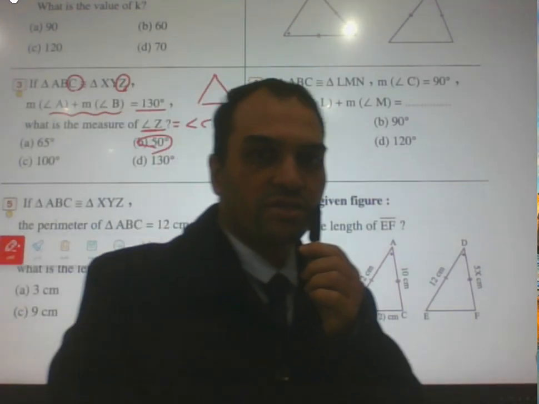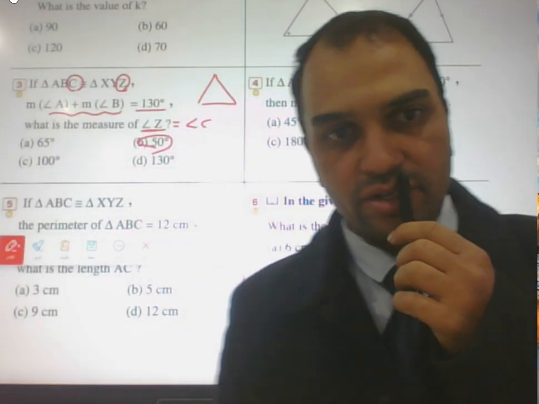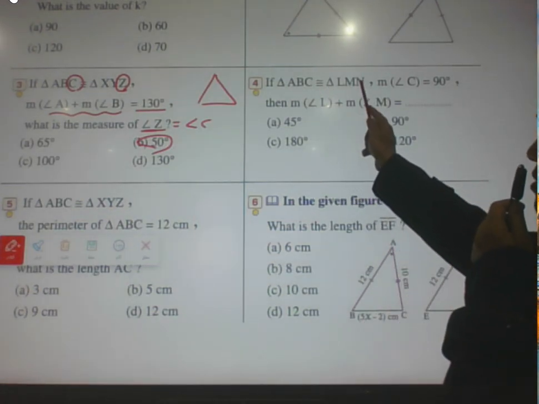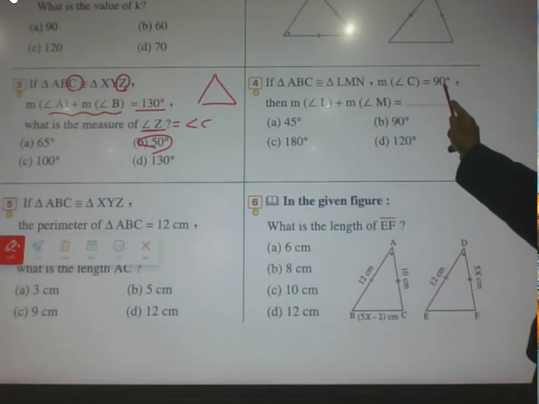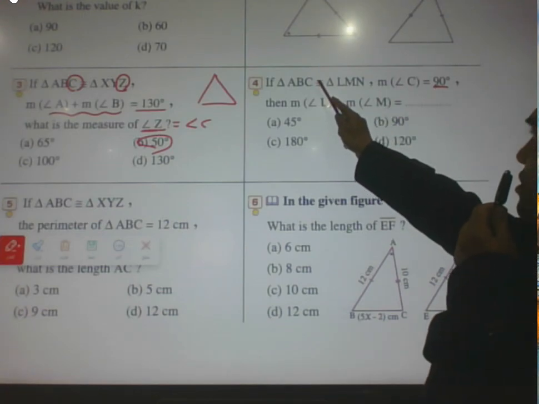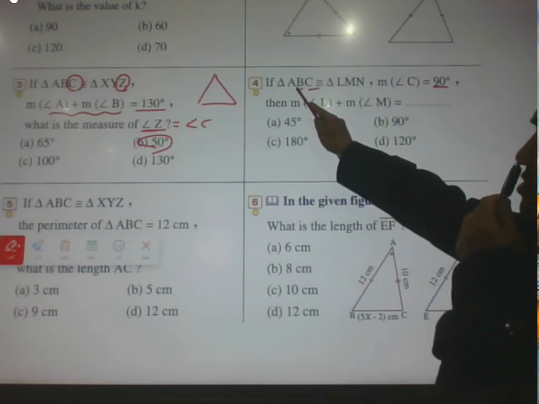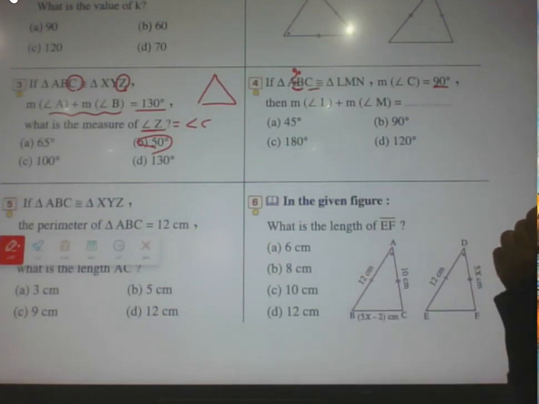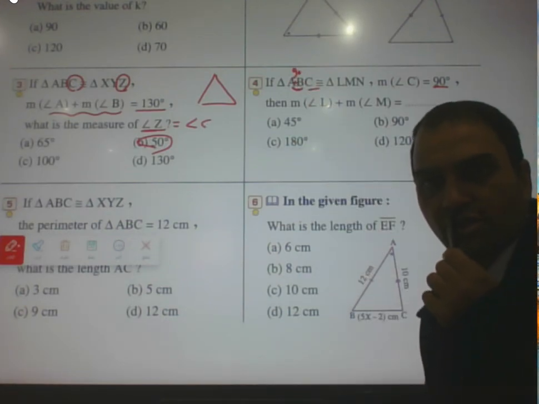Understood, my students? The answer here will be what? Letter B. Next question, number 4. Triangle ABC is congruent to triangle LMN. Measure of angle C equals 90 degrees. Where C here is 90 degrees, it means the measure of angle A plus B equals 90. If we add together, the result will be 90 because the sum of interior angles in a triangle equals 180.